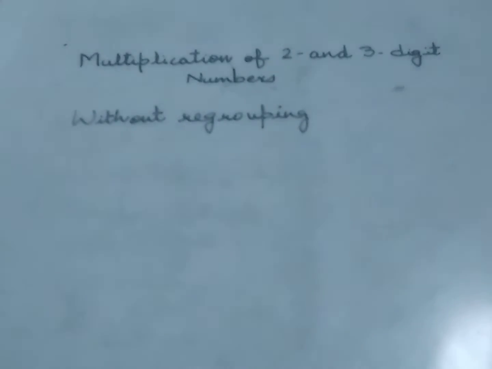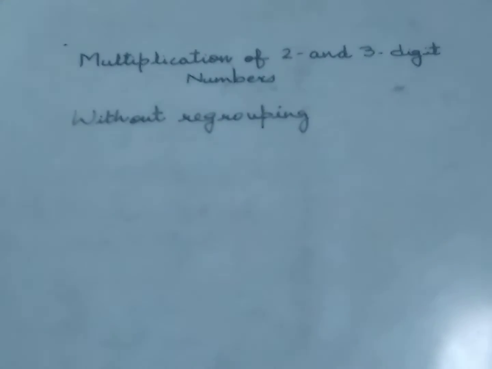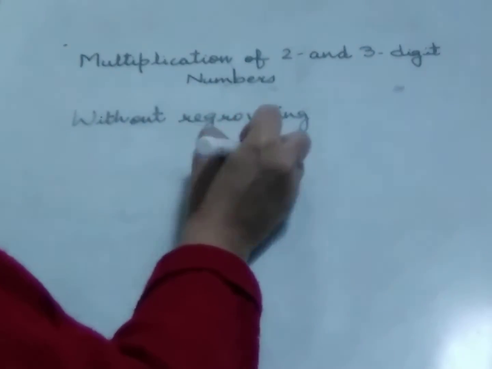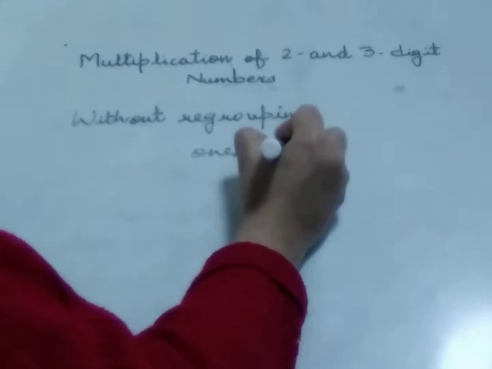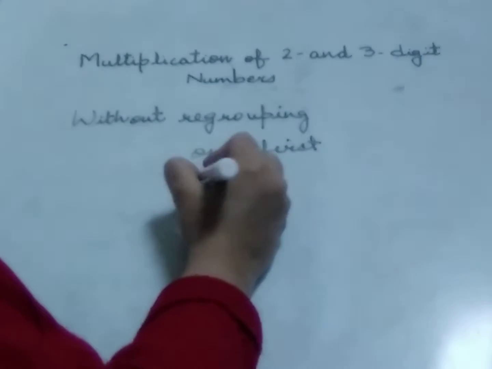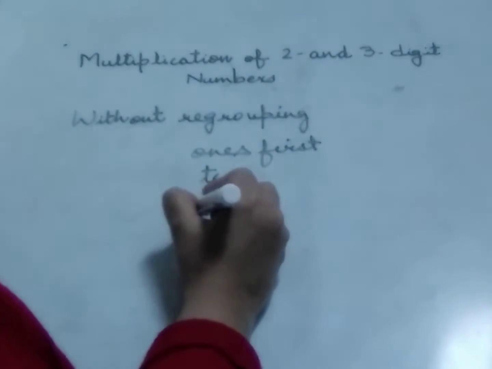Arrange the numbers in columns of ones and tens. Multiply the ones first, then multiply the tens to get the final answer.